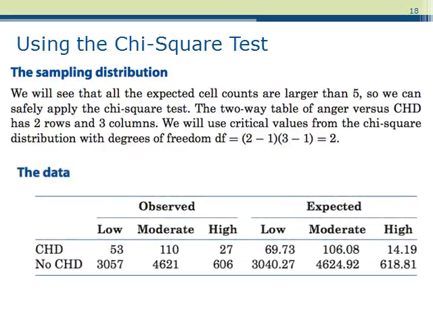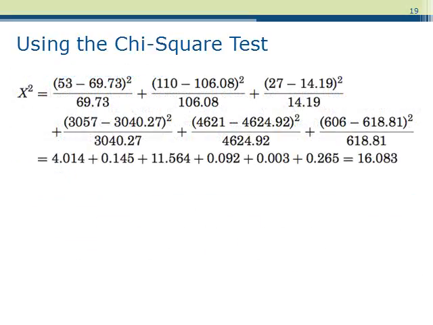Using the formula row sum times column sum divided by table total, we compute all the expected cell counts. To find the value of the chi-squared statistic, we take the difference between the observed and expected cell count, square this difference, and divide by the expected cell count.